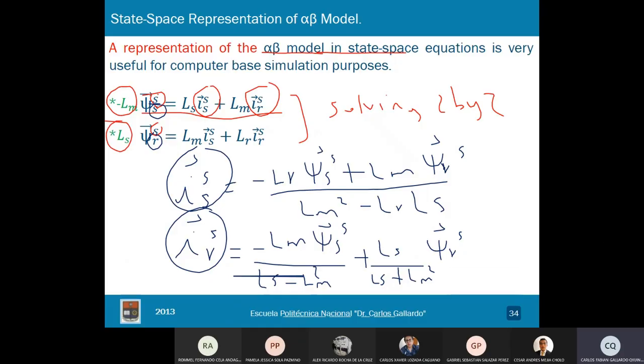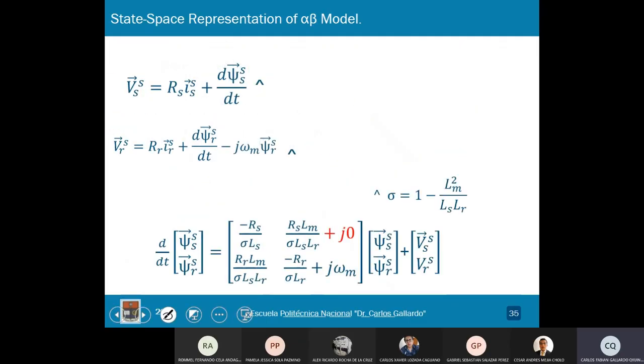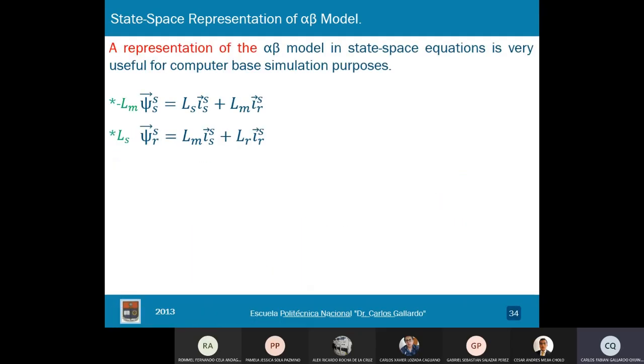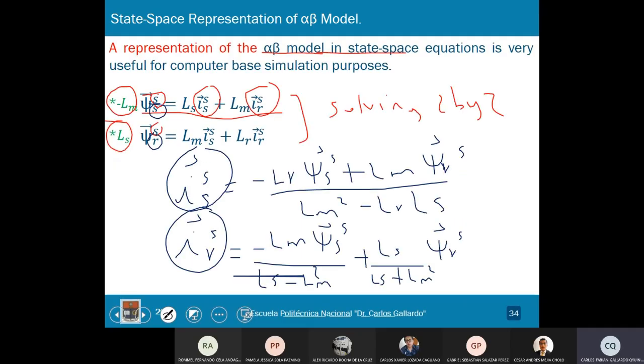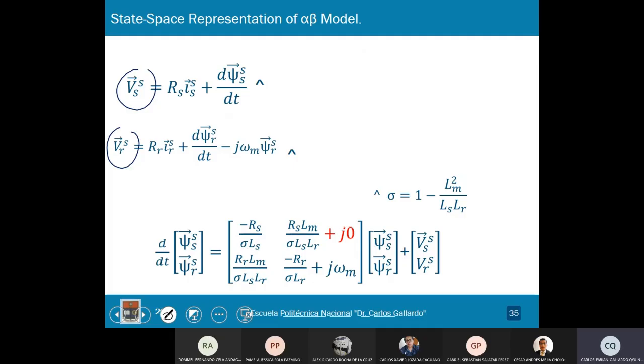So I need to compute now. I will work with the voltage equations. This is the stator voltage space vector and this is the rotor voltage space vector. From the previous equation, I have the currents. So substituting, I will have the stator current space vector and the rotor current space vector.